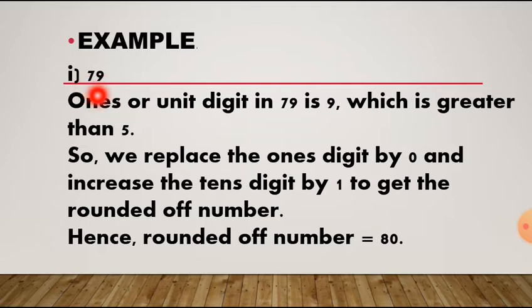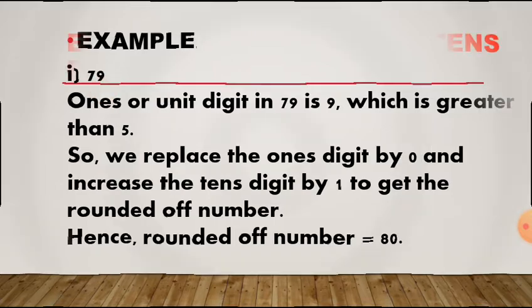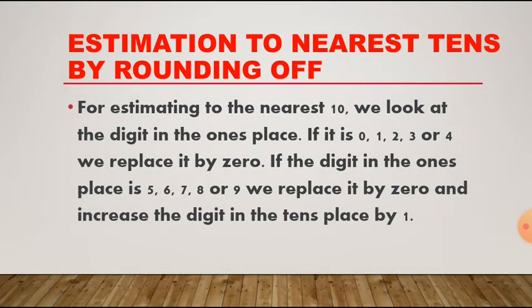Here the ones place digit is 9, isn't it? According to the rule, if the ones place digit is 5, 6, 7, 8 or 9, we replace it by 0 and increase the digit in the tens place by 1.